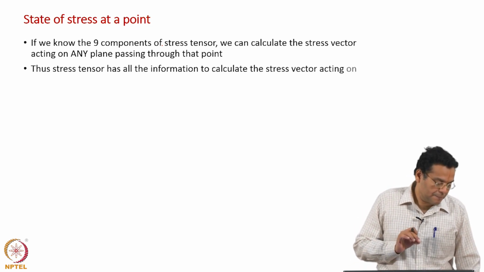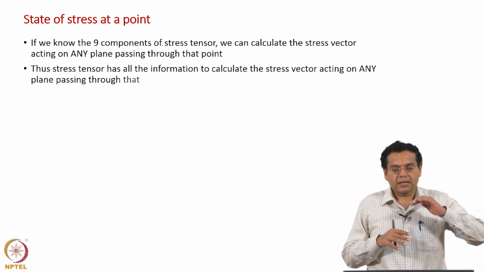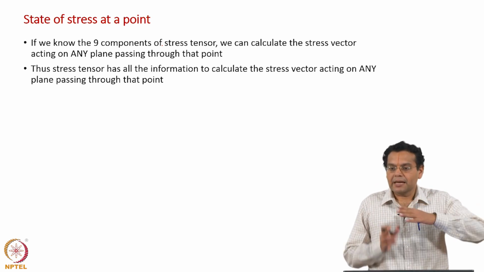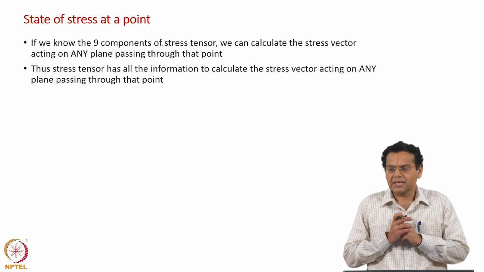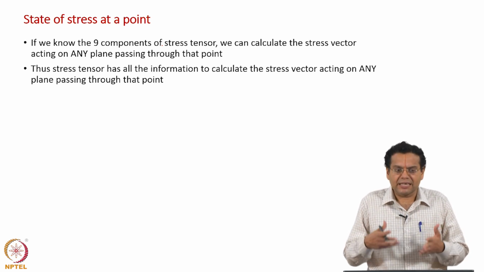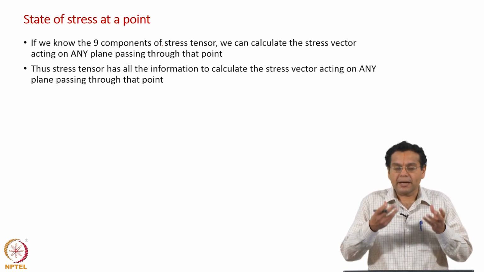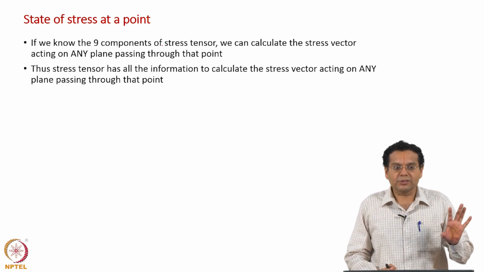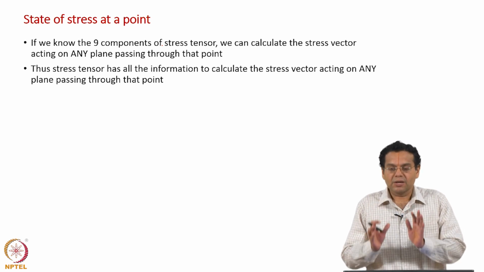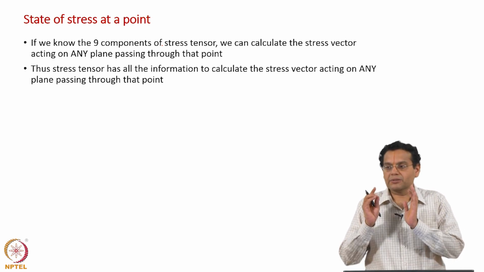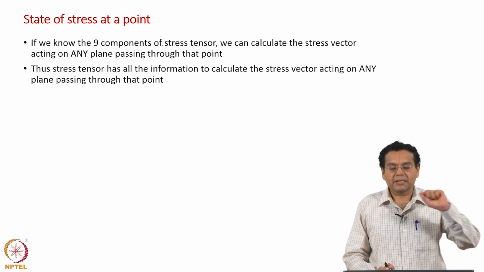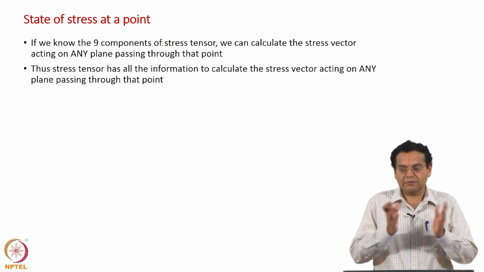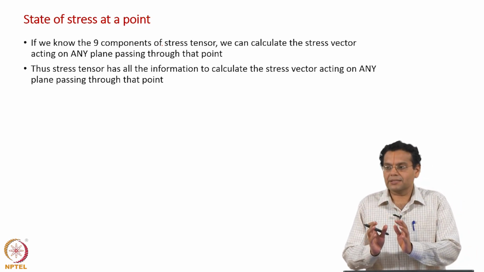That is the advantage. That is why we came from an arbitrary plane, arbitrary axis to an arbitrary plane and xyz coordinate axis. Infinite number of possibilities are there. By going to a stress tensor, what needs to be given is only those 9 components. The moment I give those 9 components, I can find out 3 components for any plane.